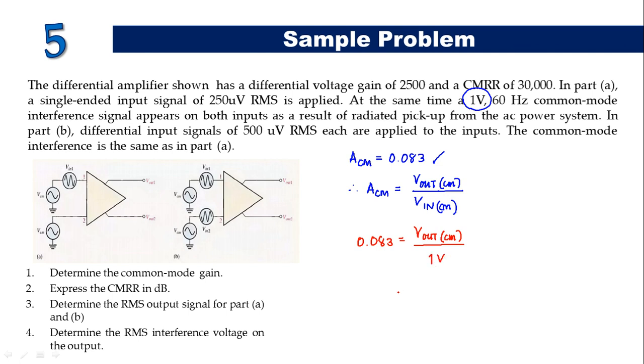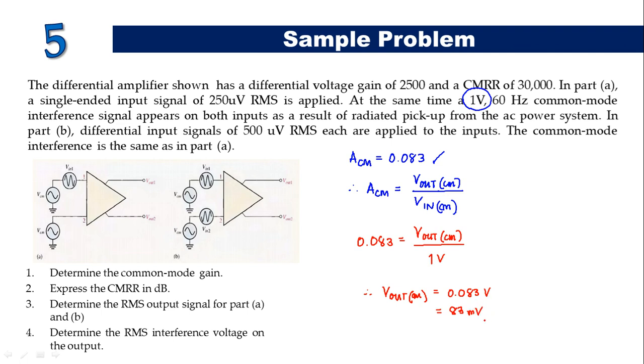Okay? Therefore, yung ating output voltage ng ating common mode signal is equal to 0.083 volts or actually 83 millivolts.